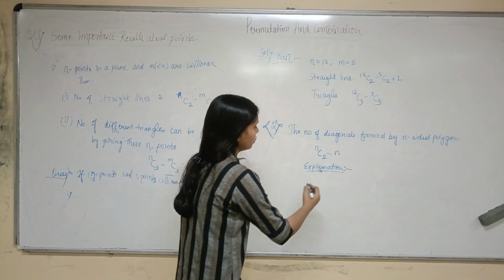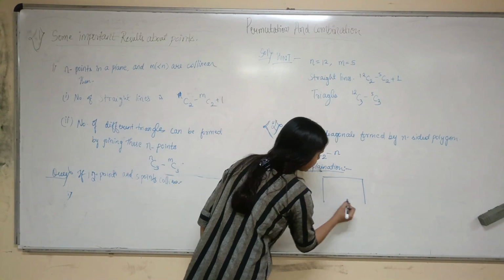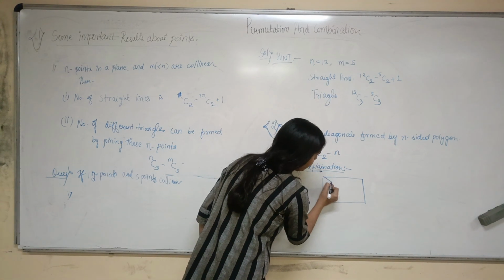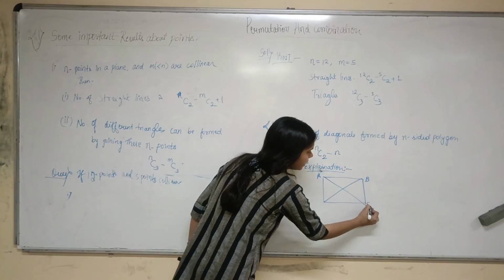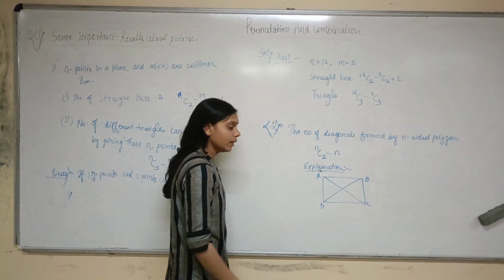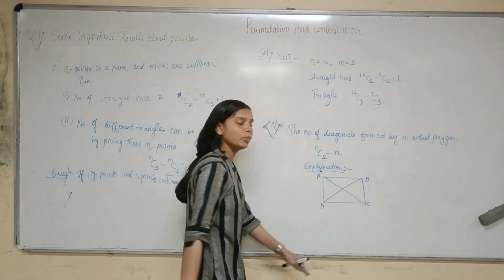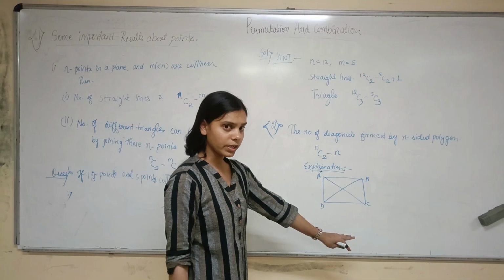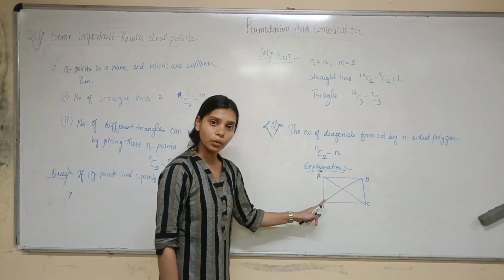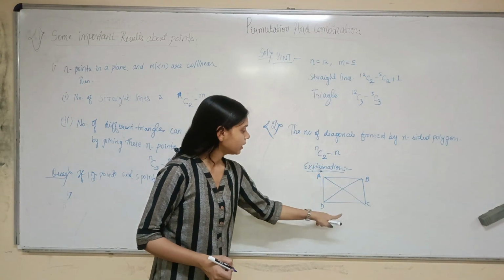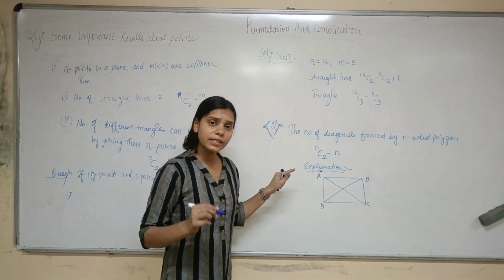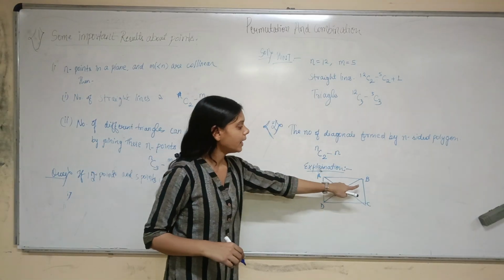Okay, so if we take this rectangle and name the vertices A, B, C, how many sides are there? 4 sides: first, second, third, fourth. And how many vertices? 4: 1, 2, 3, 4. But nC2 contains these sides as well.